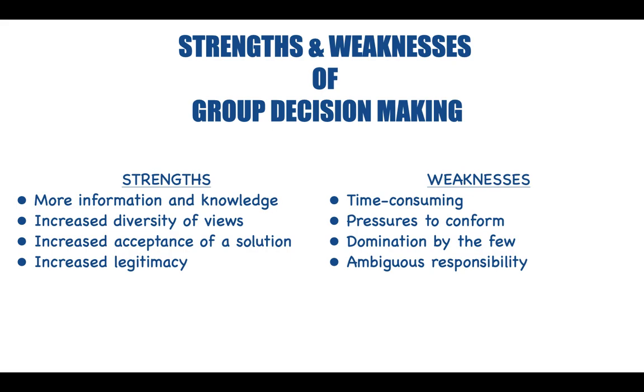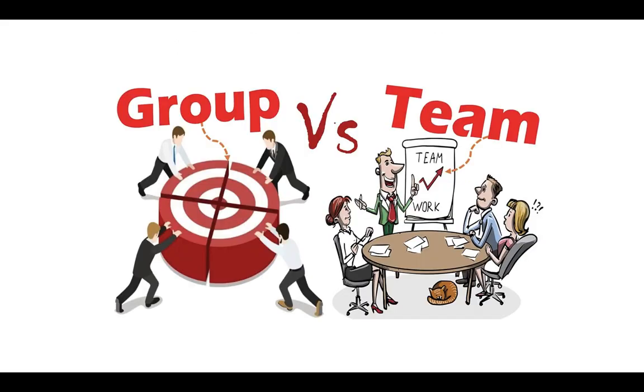And the responsibility becomes ambiguous in the group, because people do not really take responsibility of the task as individuals. They put the blame on other individuals, so that if the task failed, they might put the blame on other individuals in the group. So the responsibility becomes ambiguous in the group. These are some of the strengths and weaknesses of working in a group.